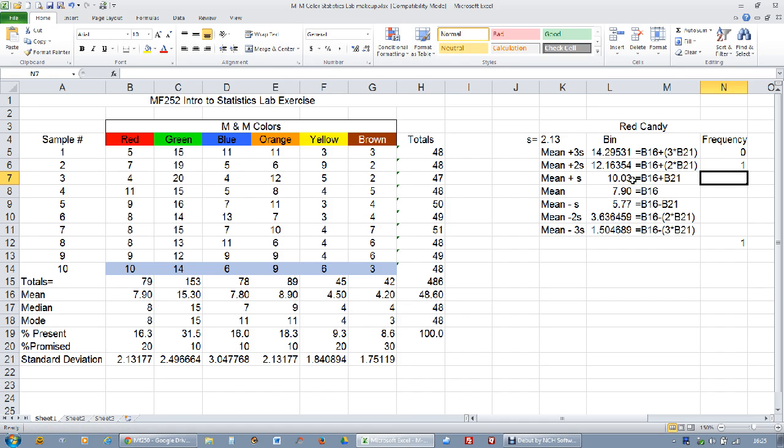And then we have less than or equal to 10.03 and greater than 7.9. 8 is greater than 7.9, and 10 is less than 10.03, so 1, 2, 3, 4, 5, 6. So we have 6.